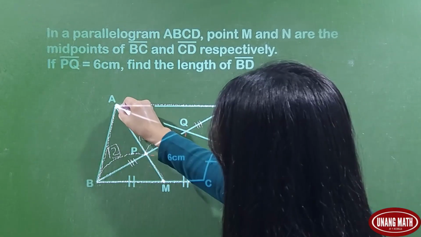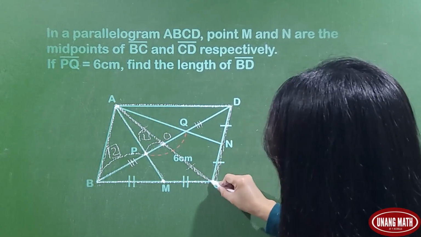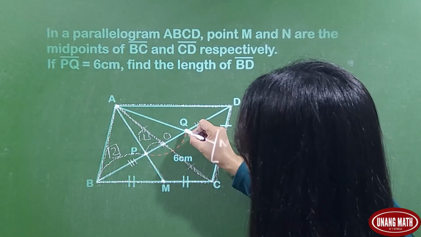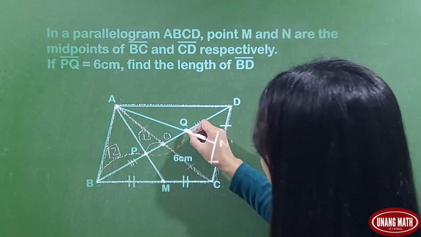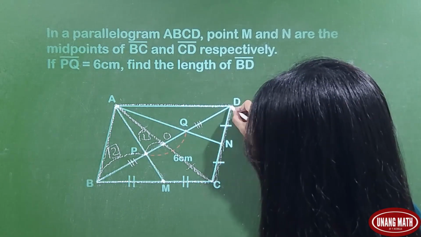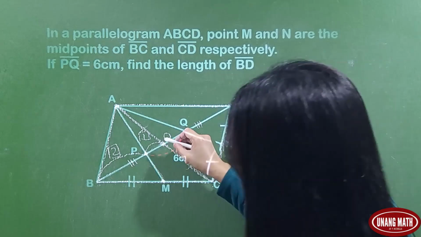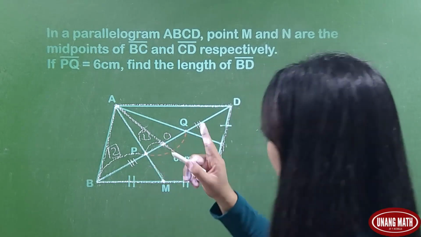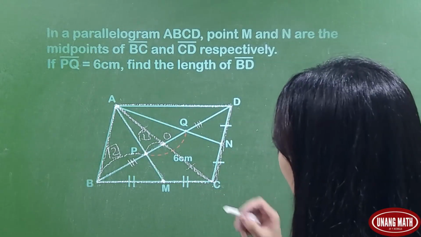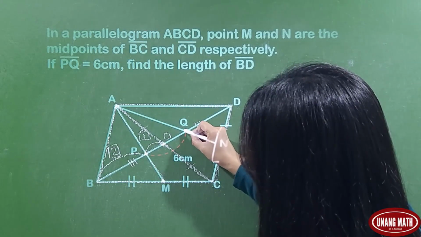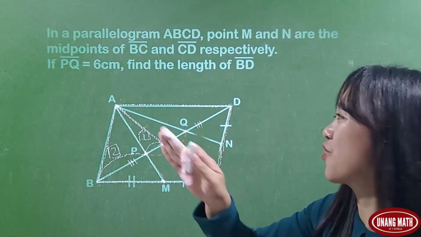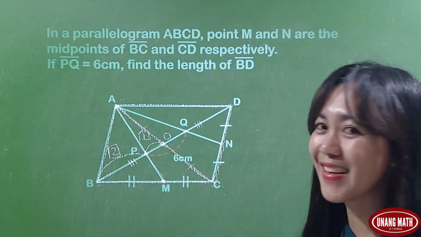Okay, now, we have here another triangle, triangle ACD. Let's also find out what point Q is. Since it's given that point N is the midpoint of segment CD, and again, point O is the midpoint of segment AC, then it means point Q is the centroid for this triangle ACD.